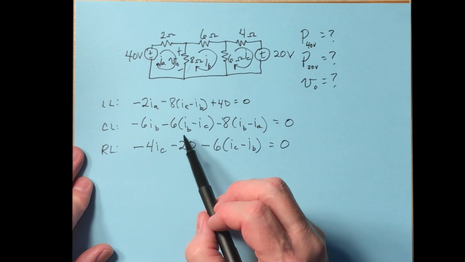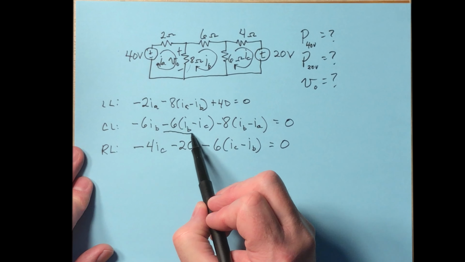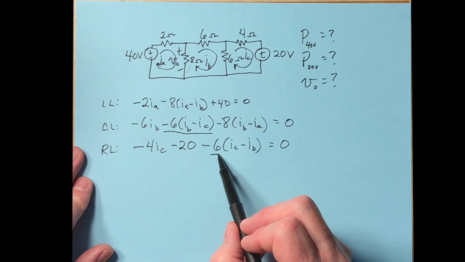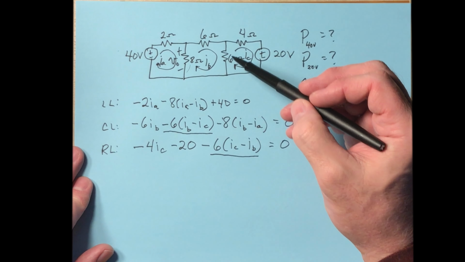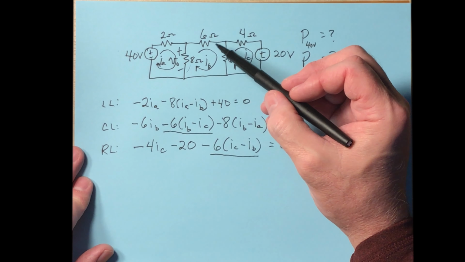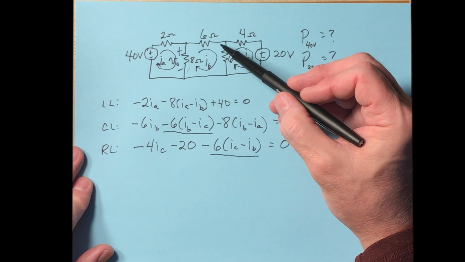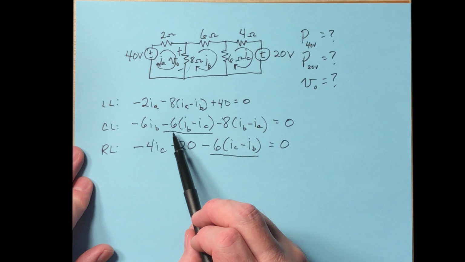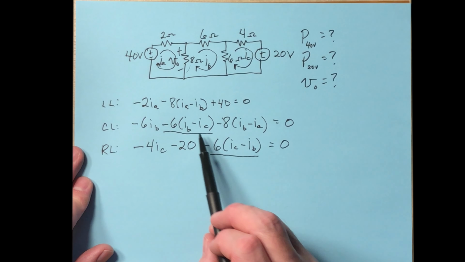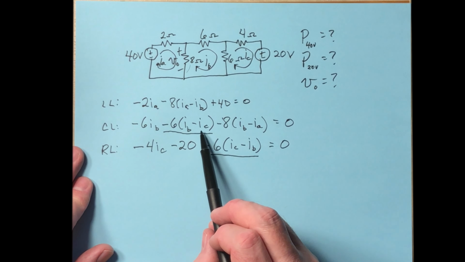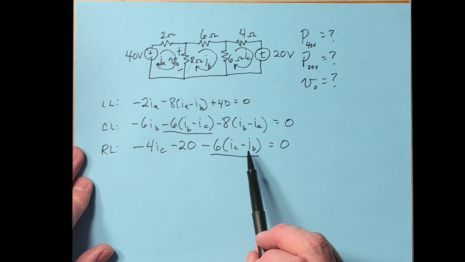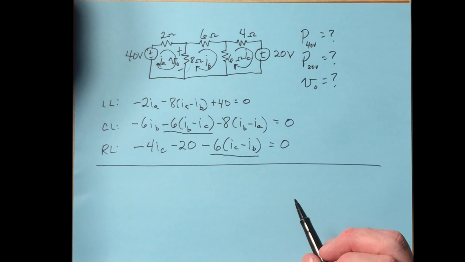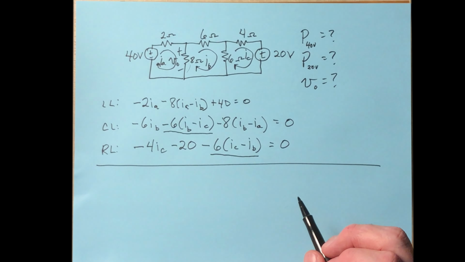Now notice this term here is the voltage across this 6 ohm. This term here is also the voltage across the 6 ohm. And you might say, well, if we were doing KVL, then one of these would be a drop and the other one would be a rise when we pass through it. But notice the sign has been switched because we've taken this I sub B and I sub C and reversed them. All right, now we can rearrange terms, multiply through, and collect similar values.